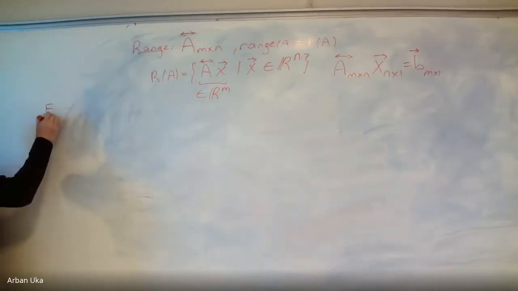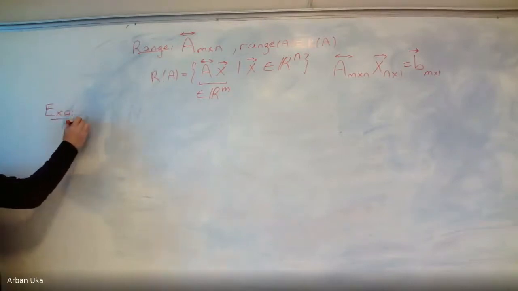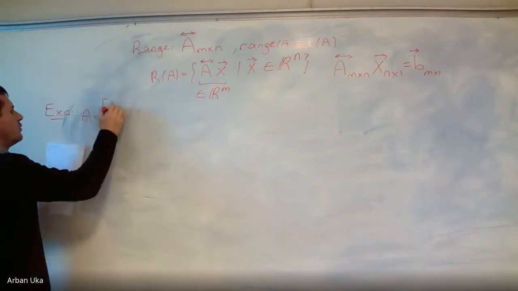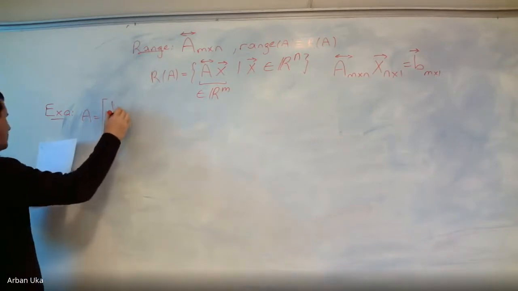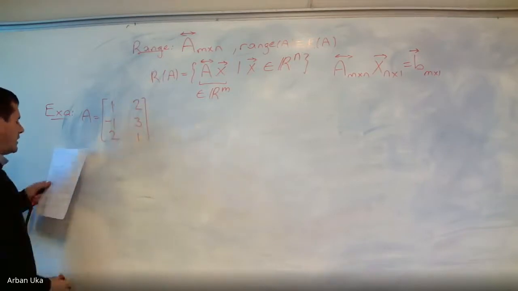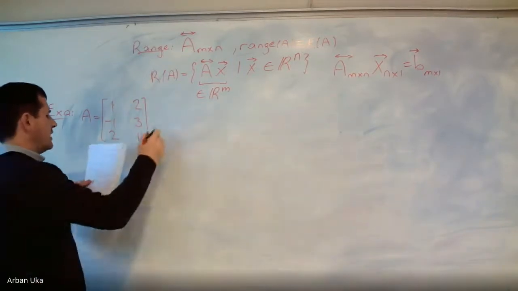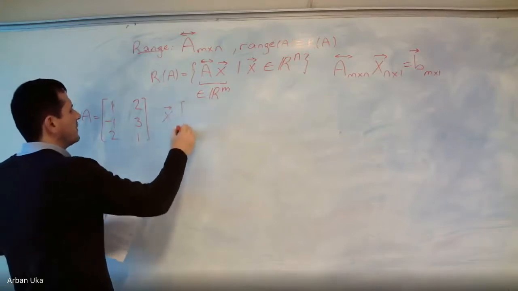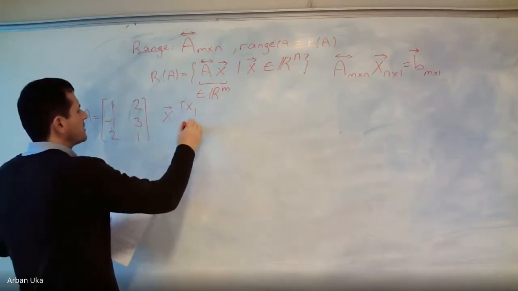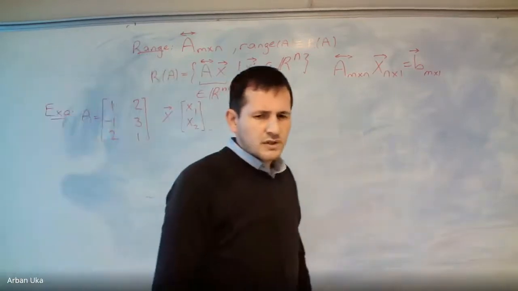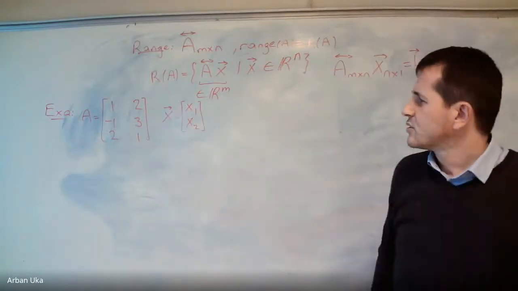So let's assume that we have a matrix A which is defined as 1, -1, 2, and 2, 3, 1. And then we have a vector x which is equal to x1, x2. Okay, the next question is obvious. What is the range of A?